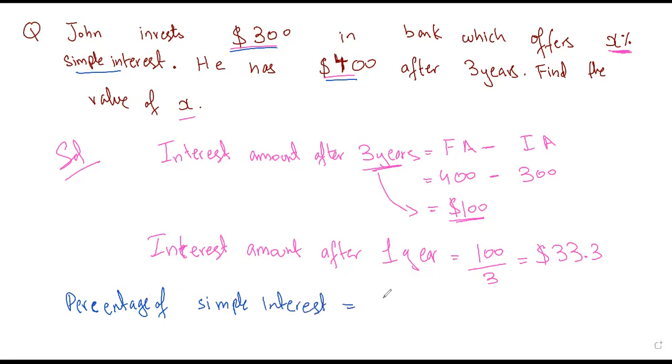So the interest amount after first year, that is 33.3, divided by the initial amount, that was 300, multiplied by 100. So 0 and 0 would be cancelled. And what is the answer? 11.11. Yes. So this is basically the percentage of simple interest, right? Anything that you have not understood?